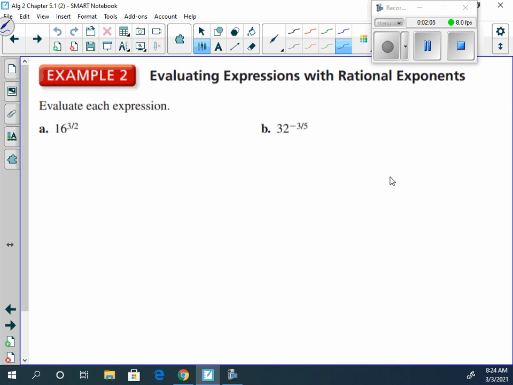Evaluate each exponent. Now, we could type some of these into the calculator and get our answer, but let's do this by hand. 16 to the 3/2. According to our first concept, I can rewrite this as 16 to the 1/2 to the 3rd, because we can split those apart.